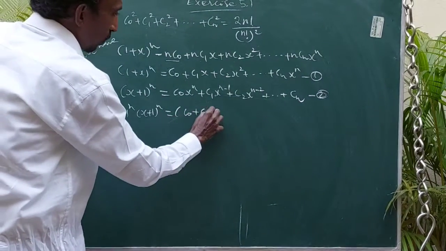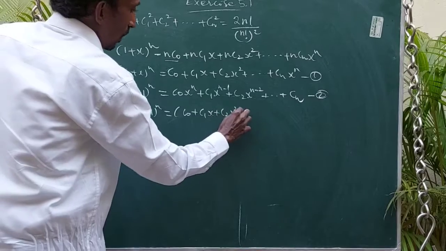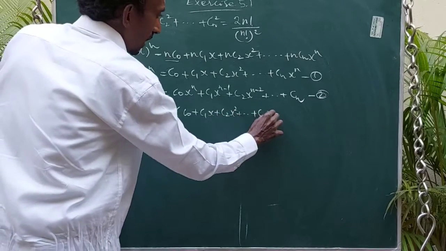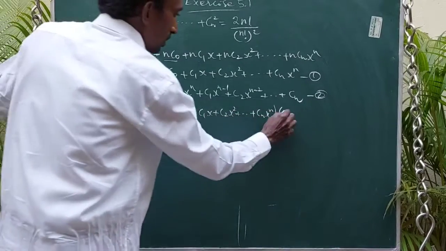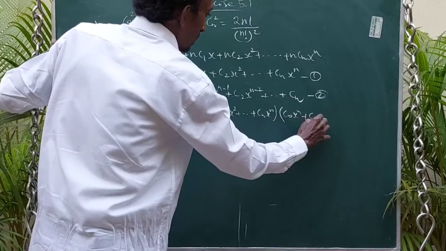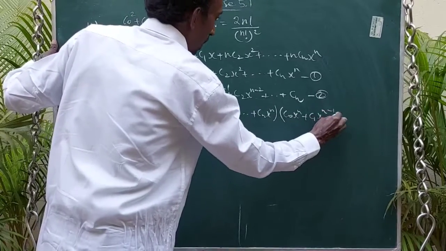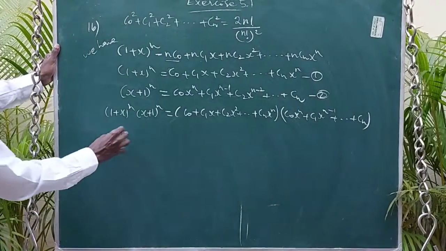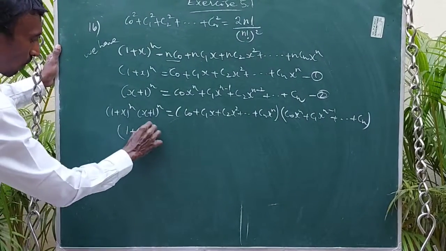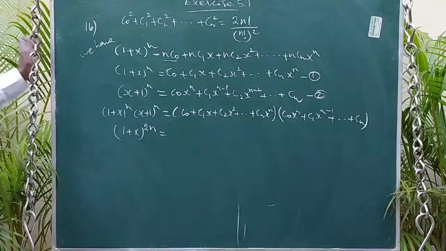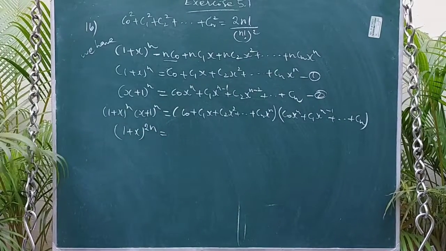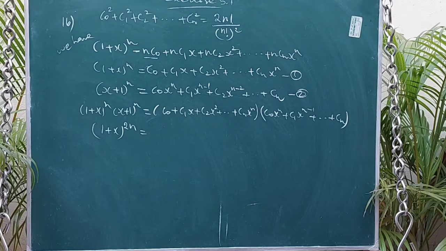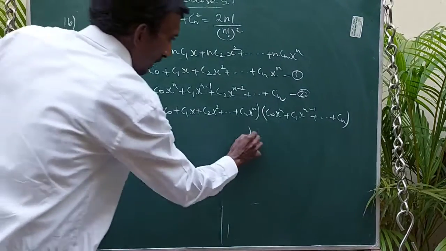C0 plus C1x plus C2x square plus etc. Cn x power n into C0 x power n plus C1 x power n minus 1 plus etc. Cn. So the left hand side becomes 1 plus x the whole power 2n equal to the right hand side, the same thing.